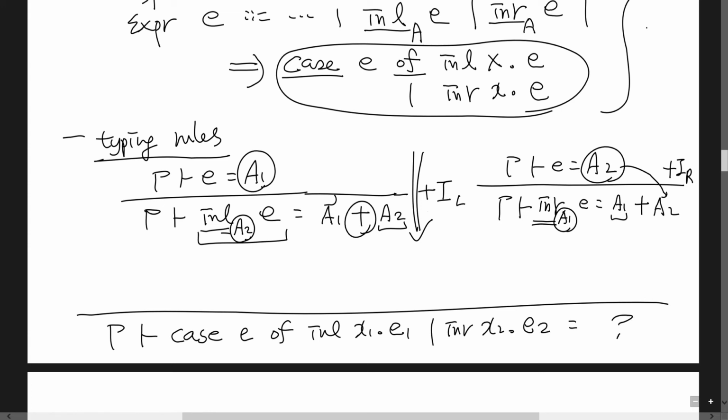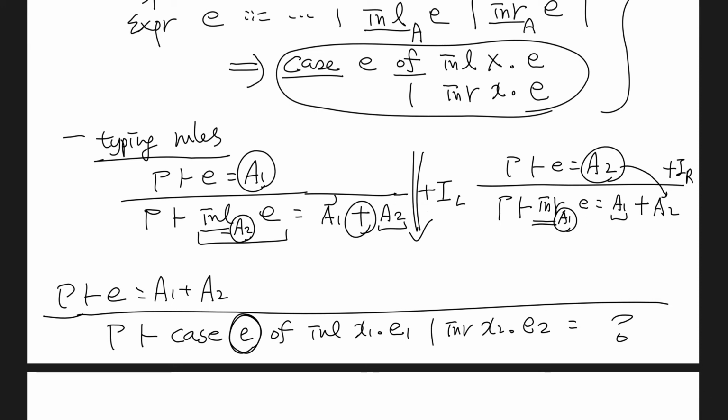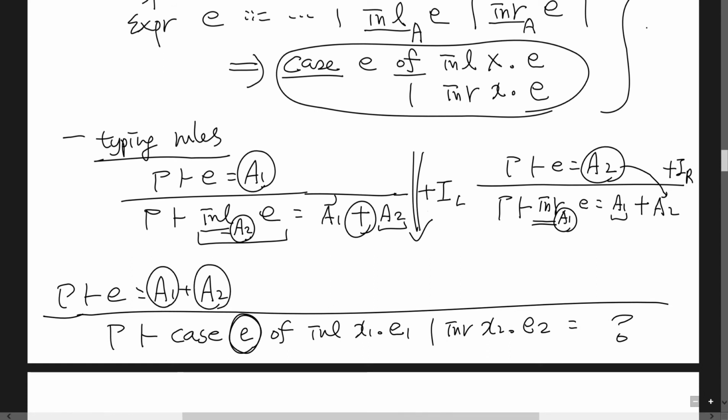So what's the type of this case expression? First of all, this expression E must have some type. It's going to have a sum type. Otherwise, the whole expression doesn't type check. Now, in general, we don't know which of type A1 and A2 has been used to create this expression E.